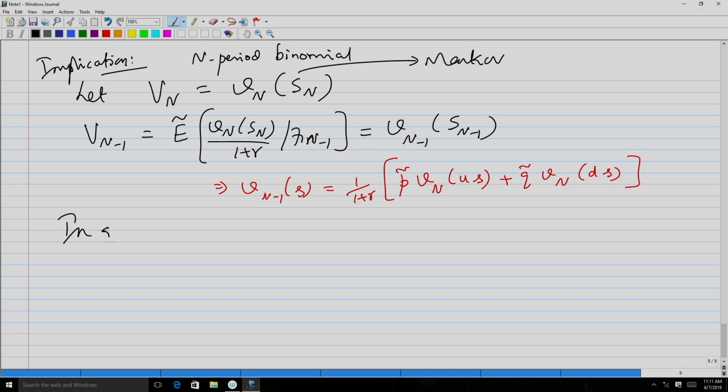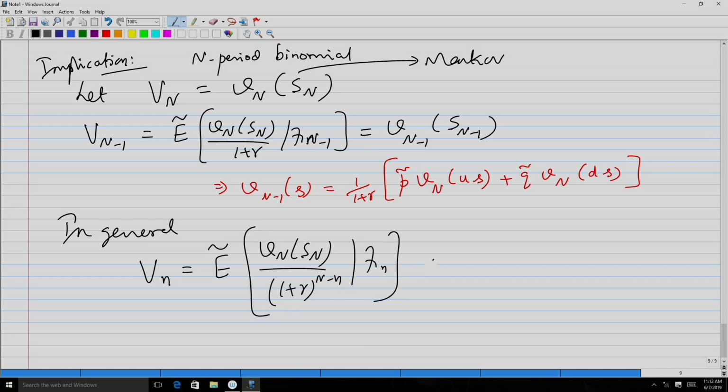Now, in general you can also see that my V n, on the left hand side, equals E tilde of V n of S n over 1 plus R to the power n minus 1, given F n.